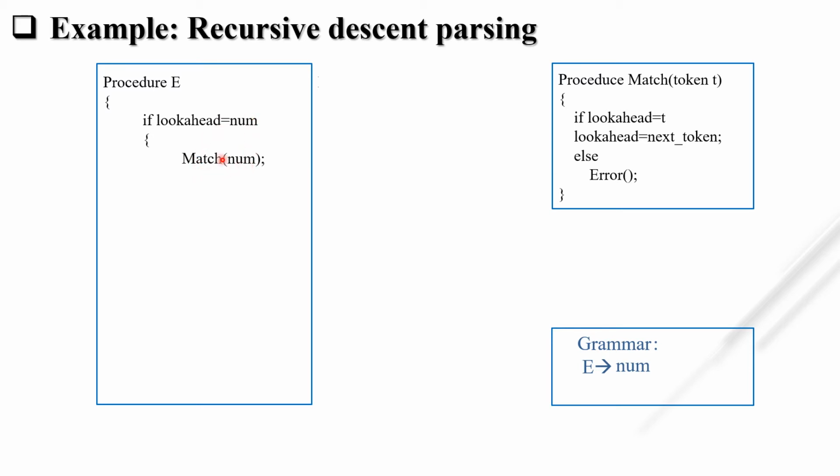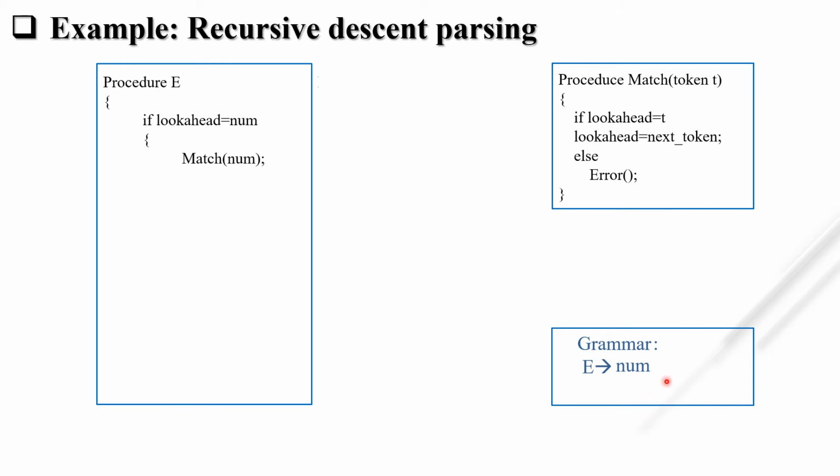For the match procedure, we match with the input symbol. When I take an example of an input string, then you can clearly understand. So we have to match the token: if lookahead equal to t, if our input symbol is matched with the token, then we have to shift to the next input symbol. So this is the procedure for match.